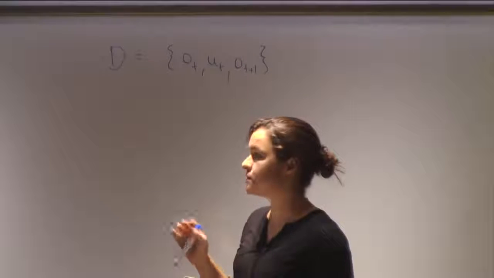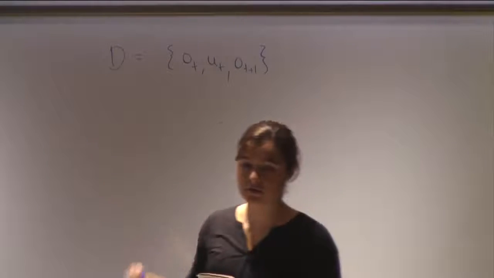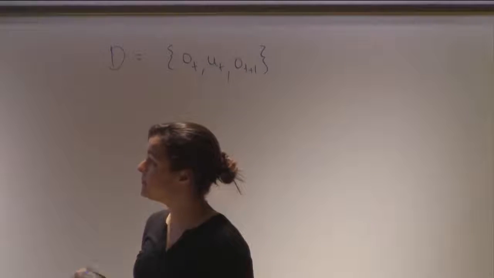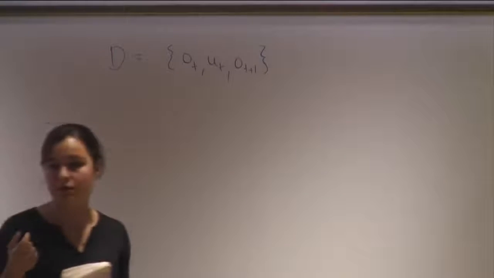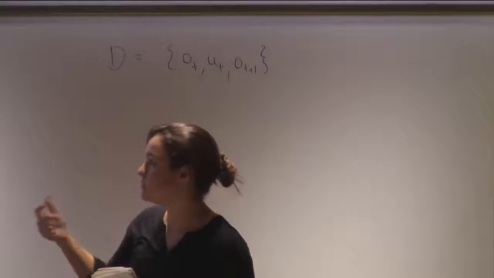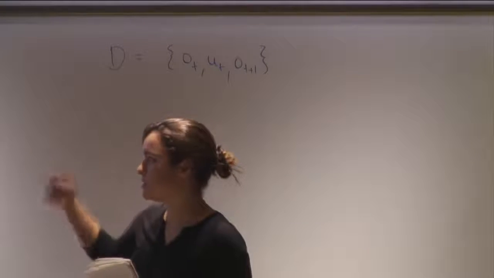The structure of the autoencoder, the structure of the graphical model, is going to look just like the structure seen here, except that it's only going to be 2 steps. So they're essentially removing everything from here on in the autoencoder. It's just going to be a graphical model over o_t, x_t, u_t, and o_{t+1}, and x_{t+1}.